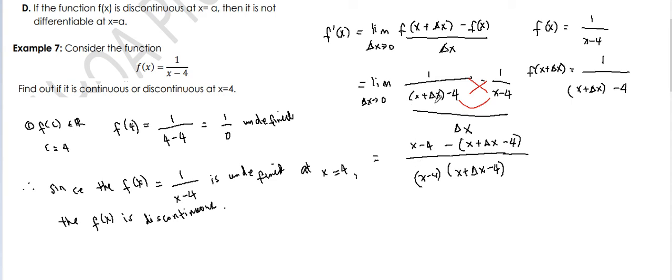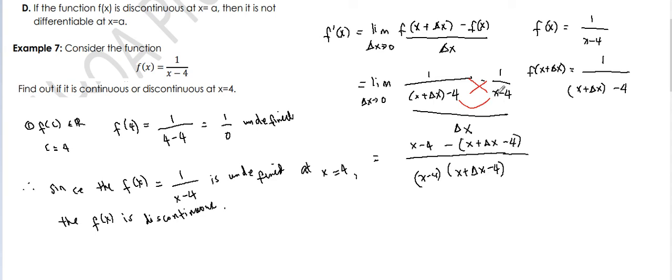Ayan. So, ulitin ko, no? Ang ginawa lang po natin ay multiply natin yung ating pong denominator. So, since wala silang similar terms, pwede nating kopyahin lang. So, x minus 4, ito yun, and then x plus delta x minus 4.